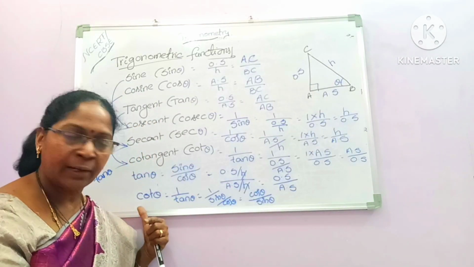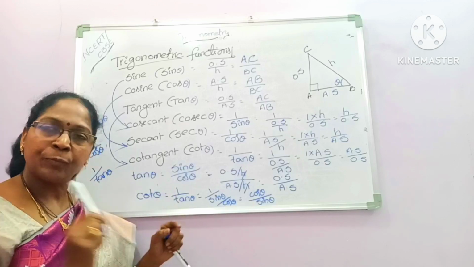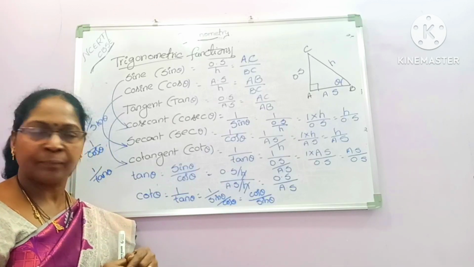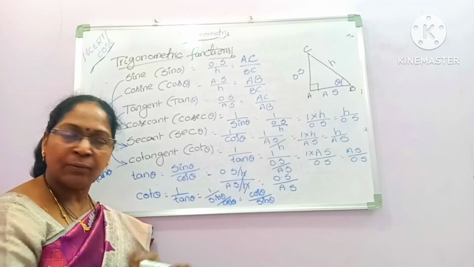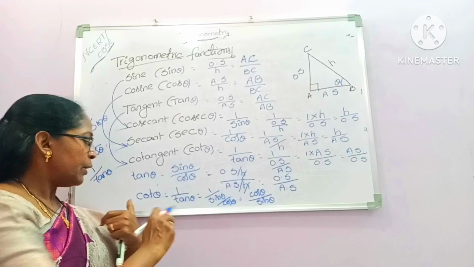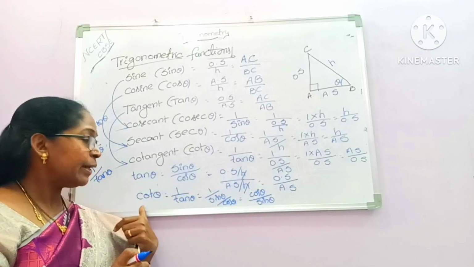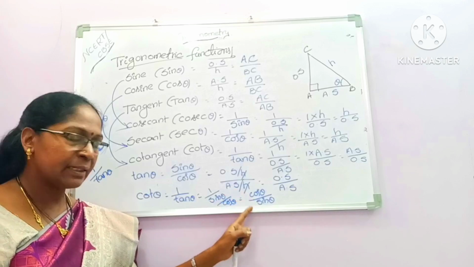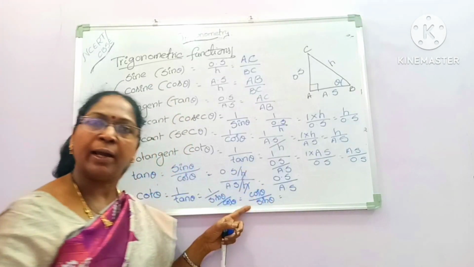Directly, you can write that. Suppose the cot theta value in terms of tan, you have to write 1 by tan theta. Suppose the cot theta formula in terms of cos and sine, you have to write cos theta by sine theta, where cot theta equal to cos theta by sine theta. Again, you have to substitute those values.